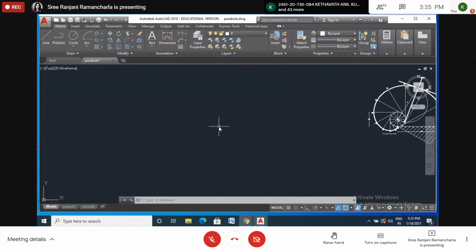If a few things we don't want to reduce, then what is the scale for that one? Maybe full one. 1:1. Okay, good.